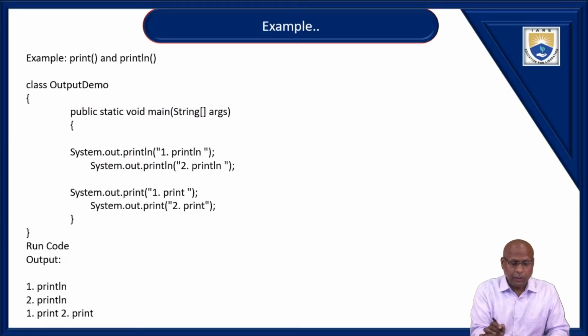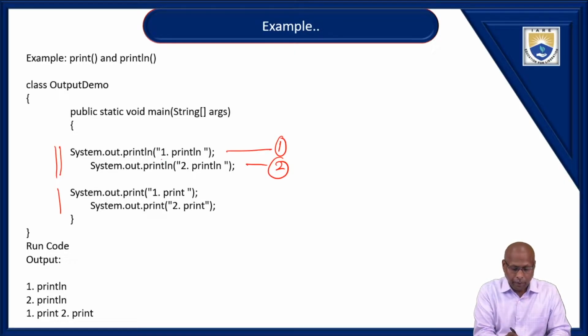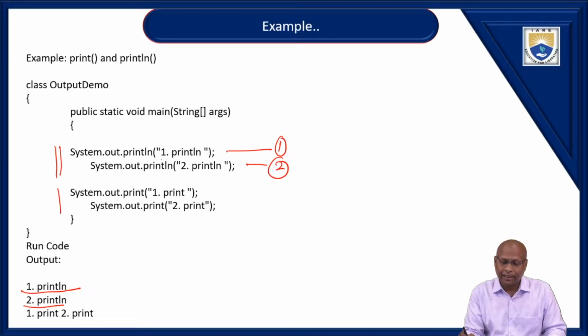Now you can see this program: println and print. If you observe, there is one println and two println. The first printing statement and the second printing statement use println. So when I run it, what will you get? The first println and second println output in two different lines.